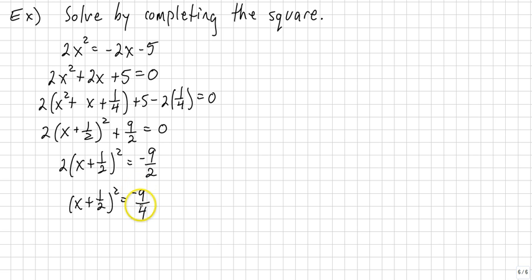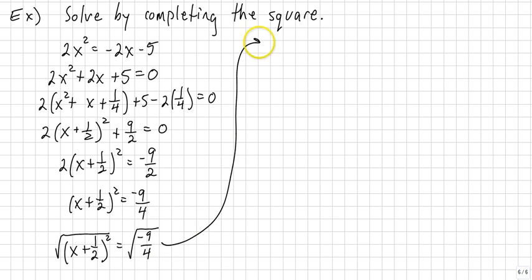And I can now square root both sides. So the square root of something squared we know is absolute value because our index is even.